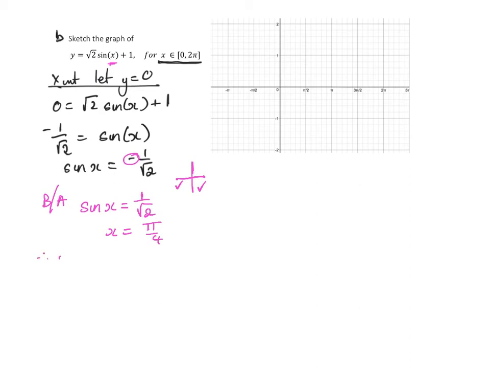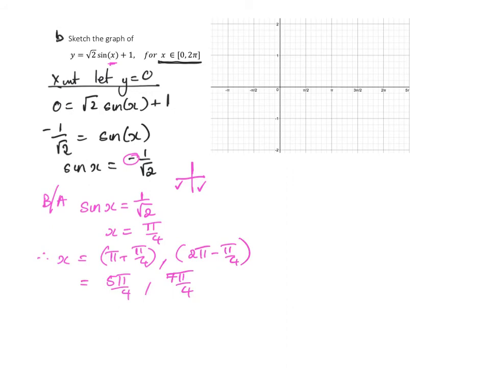So therefore, x is equal to, in the third quadrant, pi plus theta, so pi plus pi on 4, and in the fourth quadrant, it is 2 pi minus pi on 4. So they're my solutions, and I worked them out. So 4 plus 1 is 5 pi on 4, 2 pi, which is 8 pi on 4, 8 minus 1 is 7 pi on 4.